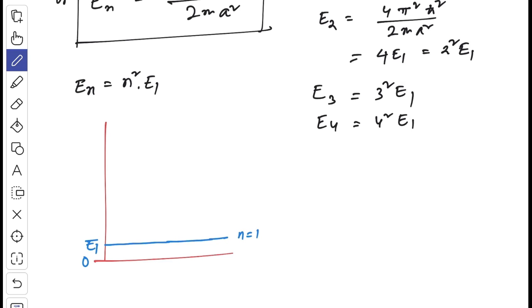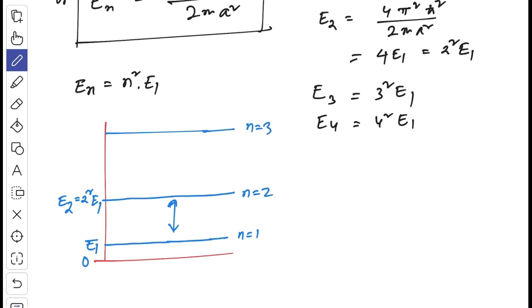The next one is for n equal to 2, which is E2, equal to 2 square into E1. For n equal to 3, this is E3, which is equal to 3 square E1.